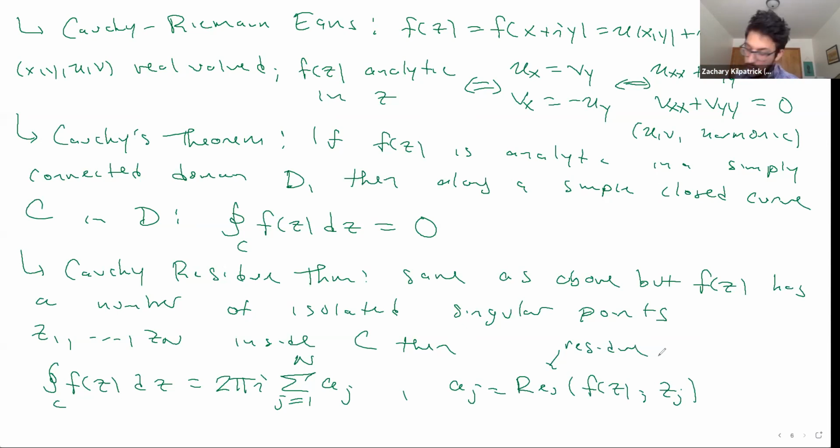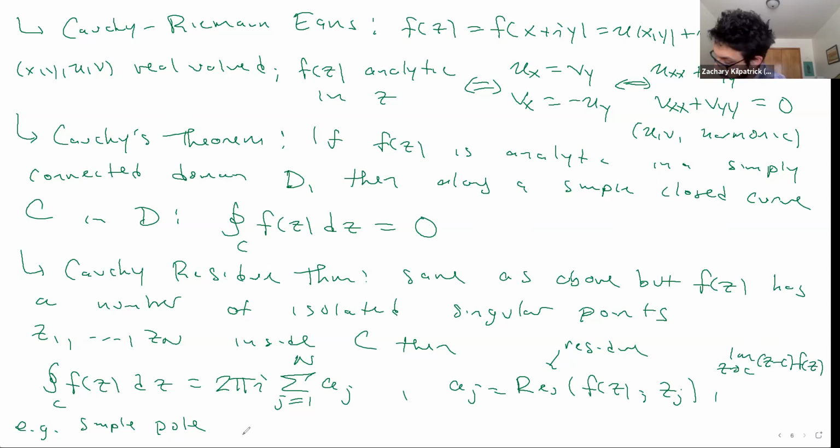So just to remind us of residues, right? For example, for a simple pole, typically the residue is just going to be the factor that appears in the numerator of the fraction with that singularity in the denominator. Another way of writing this is the limit as z goes to c of z minus c times f of z, okay?